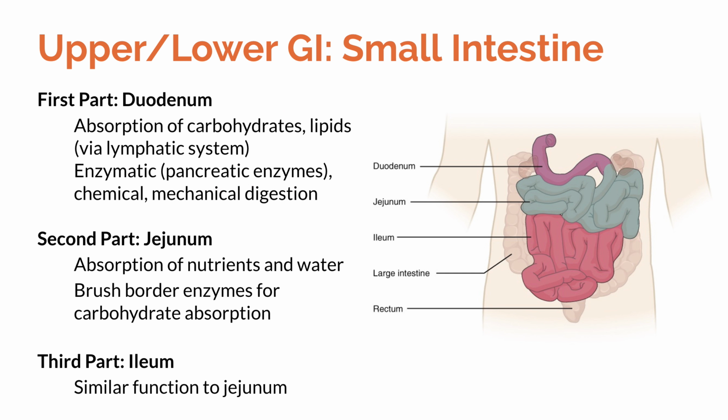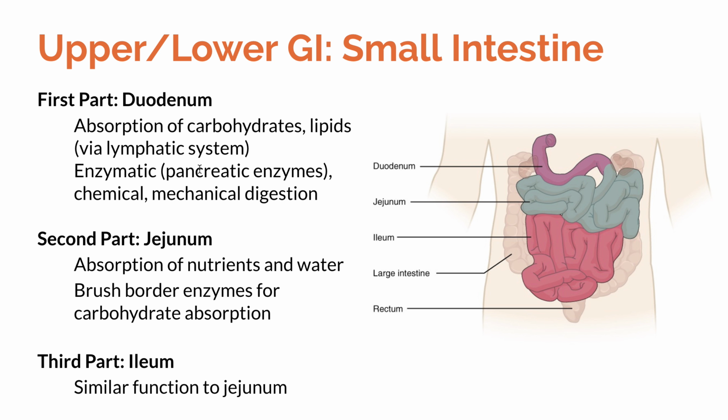Then we have the small intestine. In the first part of the small intestine, we essentially have absorption of carbohydrates, lipids, and proteins as well. I should add on to here, similar to the stomach, we have three types of digestion, which we already spoke about.